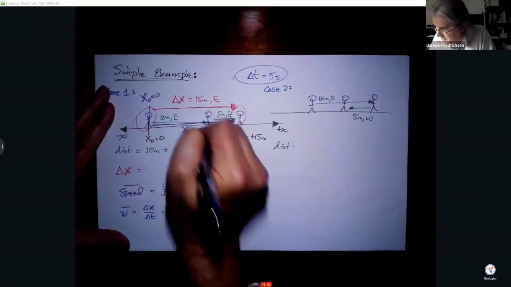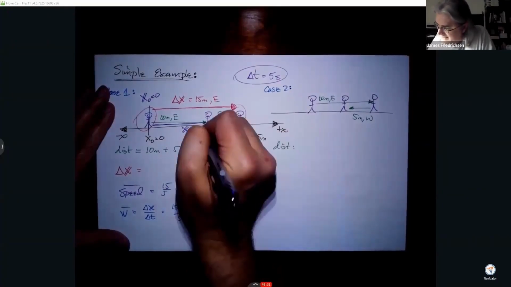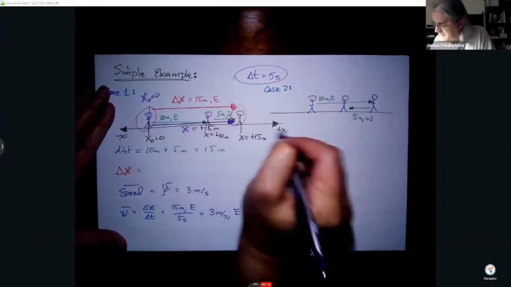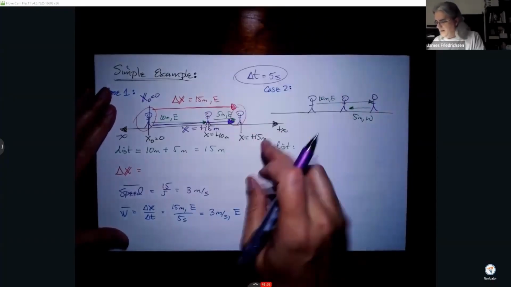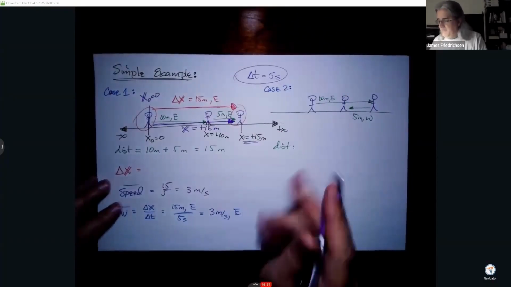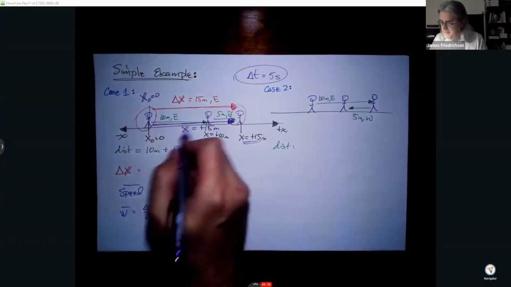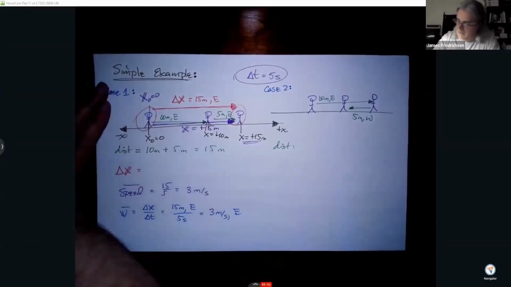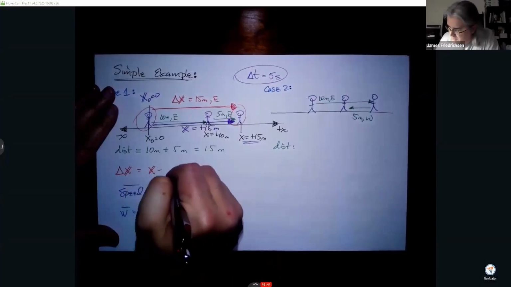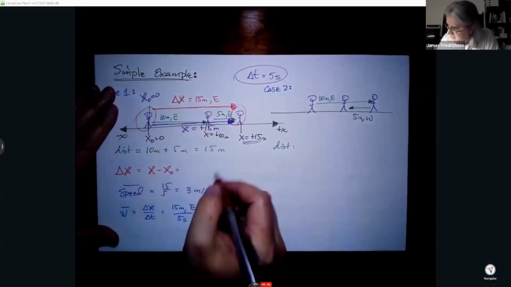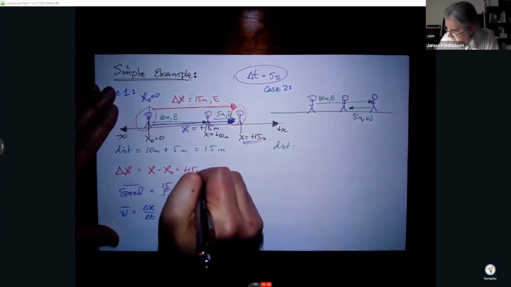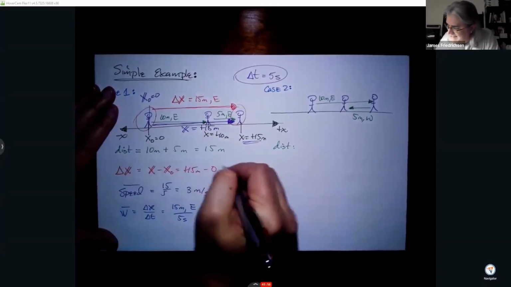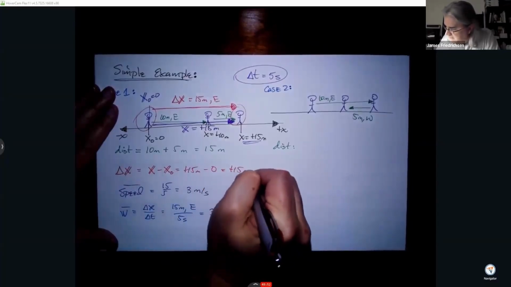And my final position vector would be coded in as plus 15 meters. So we take the final position vector minus the initial position vector: plus 15 meters minus the 0 gives me plus 15 meters.